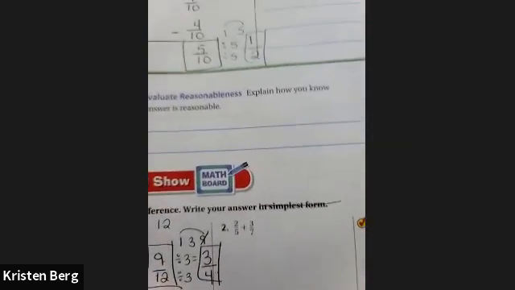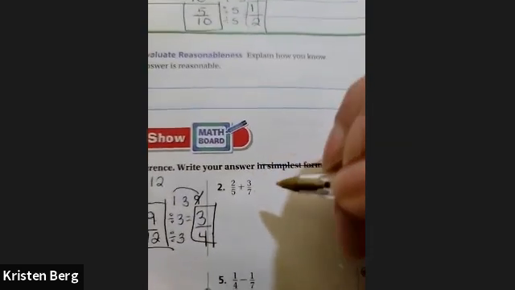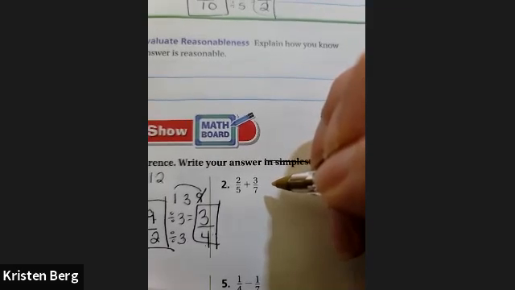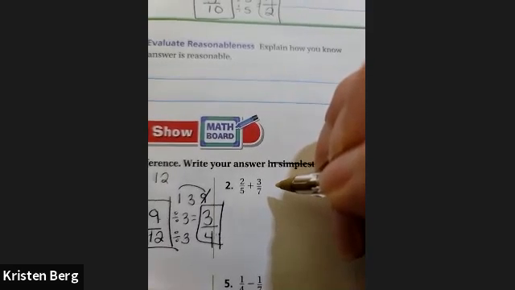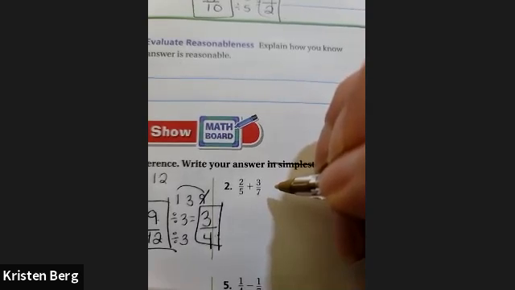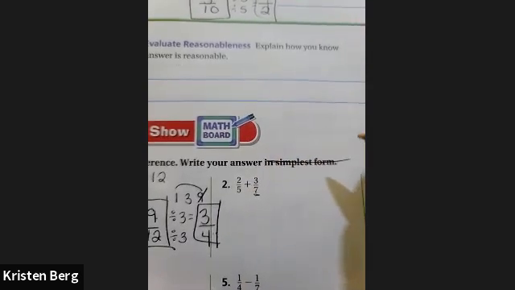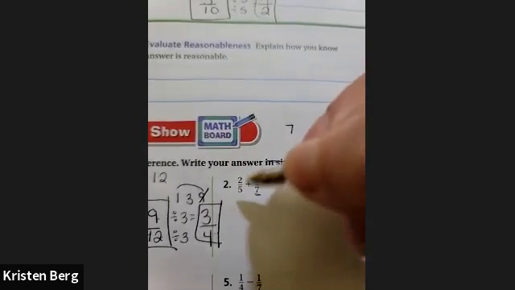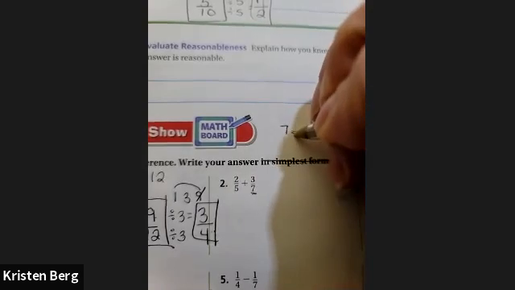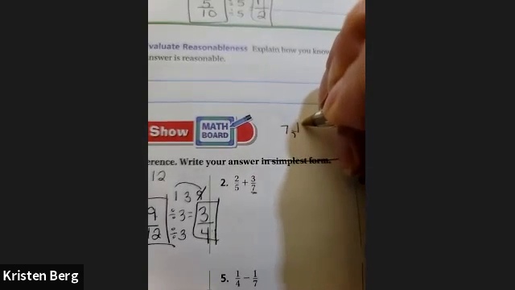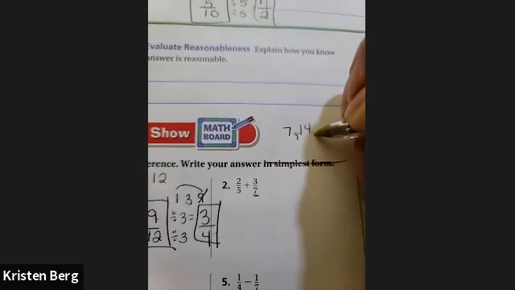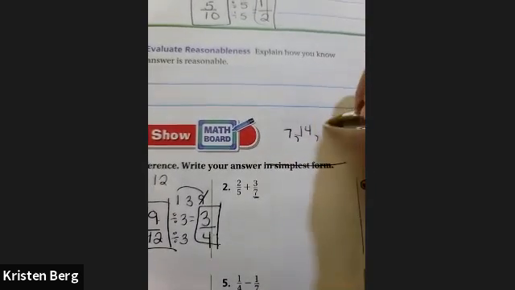All right, so now we're going to go on to the next one. Can I add these? You should be saying no, you cannot. So therefore, in order to do this, I would have to look at my bigger one, which is a 7. So you can go by 7s. So can I get a 5 to a 7? No, I cannot. So go by to the next 7. 7 times 2 is 14. Can I get a 5 to a 14? No, I cannot. So then 21.